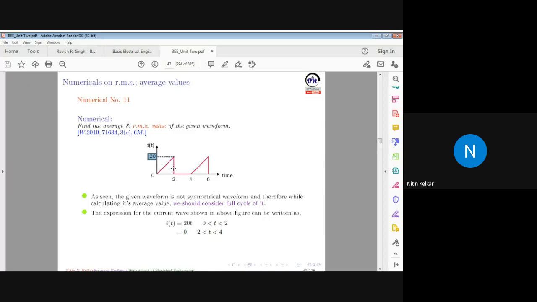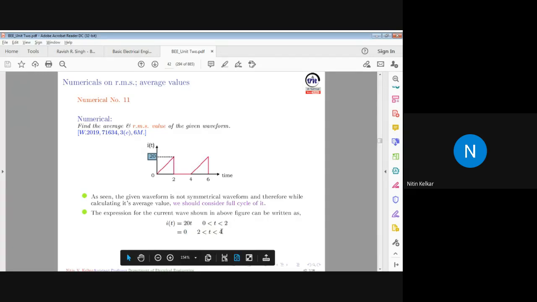Now the waveform is not symmetrical, so we are supposed to consider the full cycle. Now from 2 to 4, what is going to be the equation of the line? It will be equal to 0, as you can see over here. So that means one cycle of the given waveform is divided into two parts. For a period of 0 to 2, it has one equation.